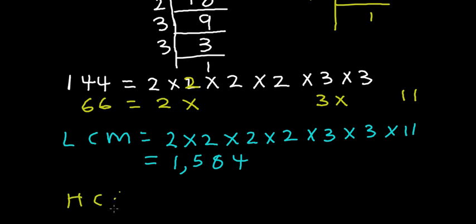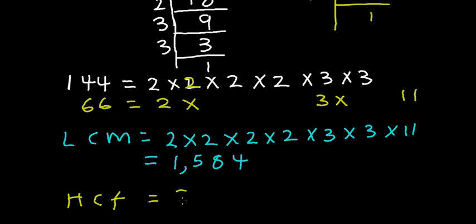Okay, but remember, let's take a recap of HCF. Having found the prime factorization, you can equally find the HCF, that's the highest common factor. In the case of the highest common factor, you look for a factor that appears in both given numbers. Okay, 2 appears as a factor of 144, and it's also a factor of 66.